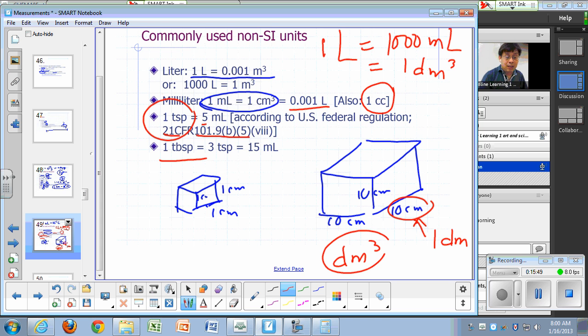And of course, a tablespoon is 3 teaspoons, so that's 15 mils. If you have those measuring cups for your medicine bottles, you can take a look at those. You'll notice that you look at the labels. It shows milliliters on one side and teaspoons on the other. You'll notice that 1 teaspoon corresponds to 5 milliliters.